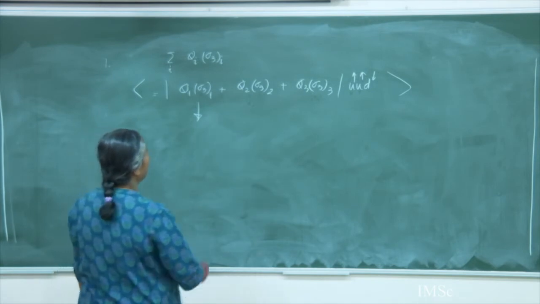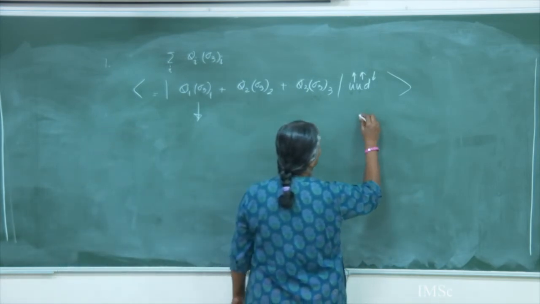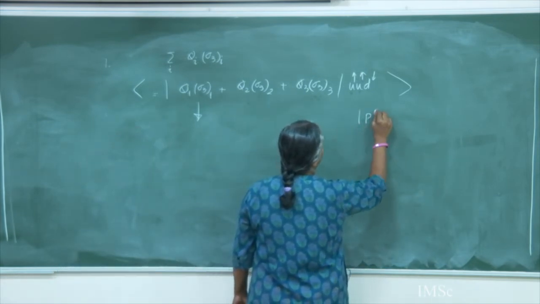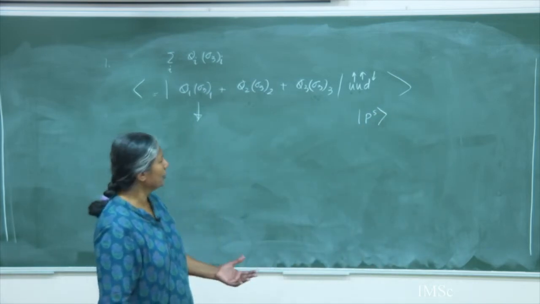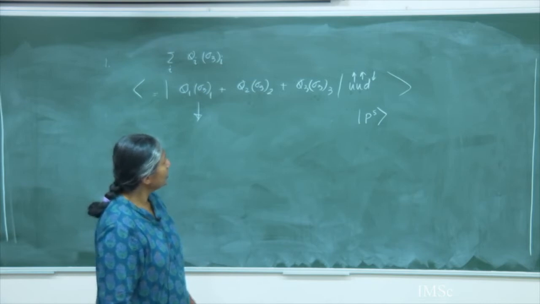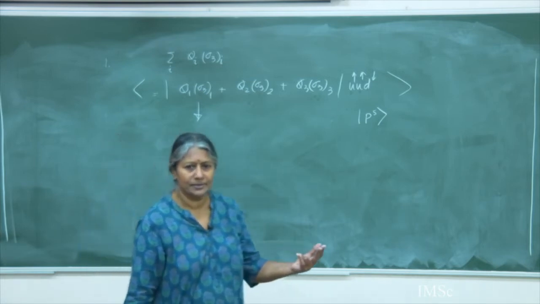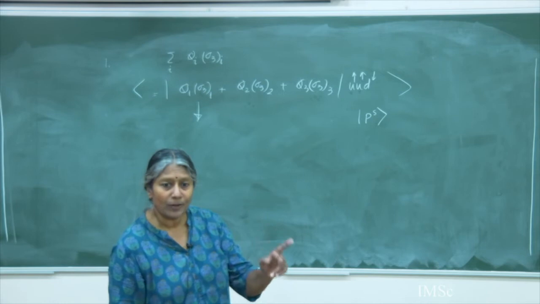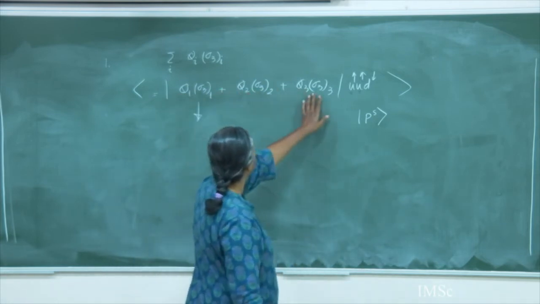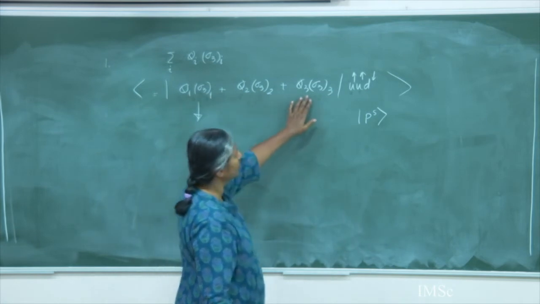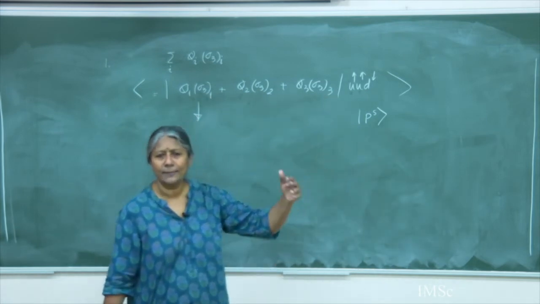Now, when we had a completely symmetric state, let's call it symmetric P, either the neutron or proton is completely symmetric. Then of course, since it is symmetric under pairwise exchange, I can take any one of these operators, either 1 or 2 or 3, act that, and then multiply by 3.